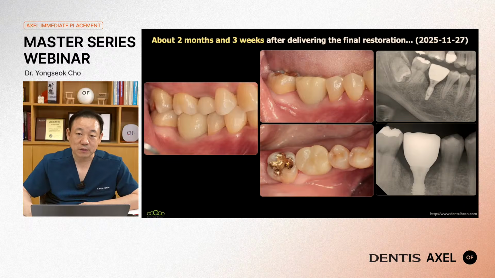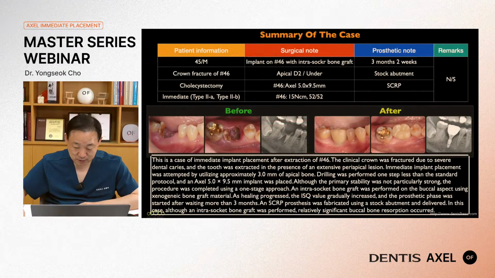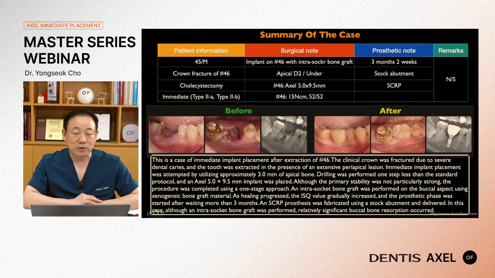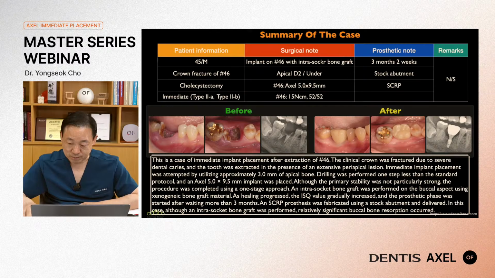Acceptable soft tissue condition and hard tissue condition, you can see. Slight buccal bone resorption occurred, even though I grafted the bone at the buccal side. But clinically, it is an acceptable situation.